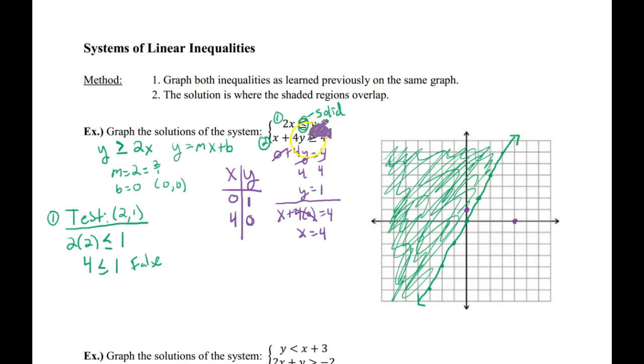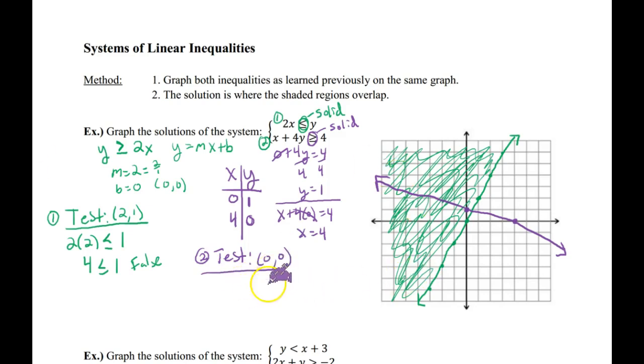I have to go back and decide this is also solid. So it's a solid line. We're going to pretend that that's straighter than it is. And then I still have to test to know where to shade. This does not go through 0, 0, so I can use that as my test point.